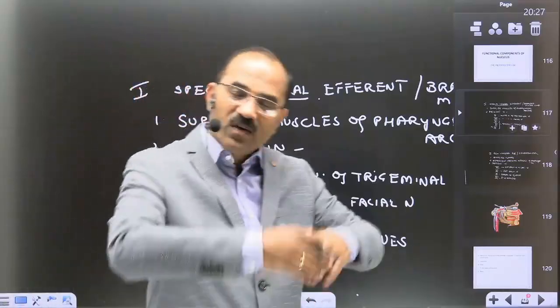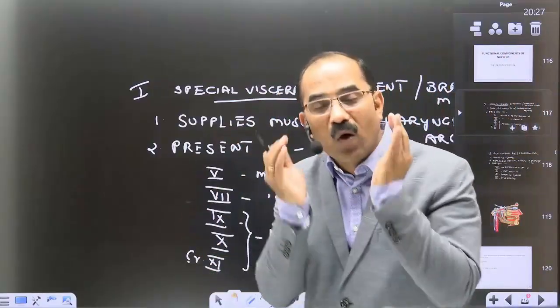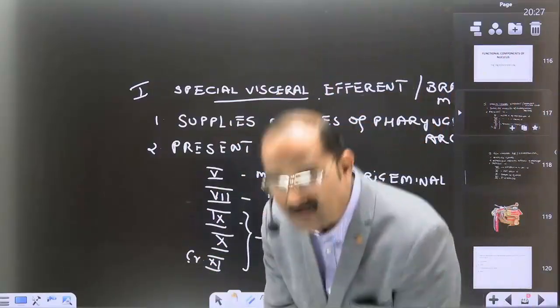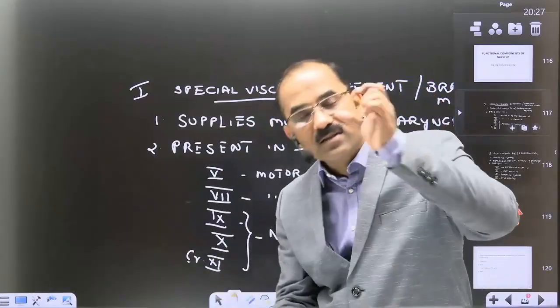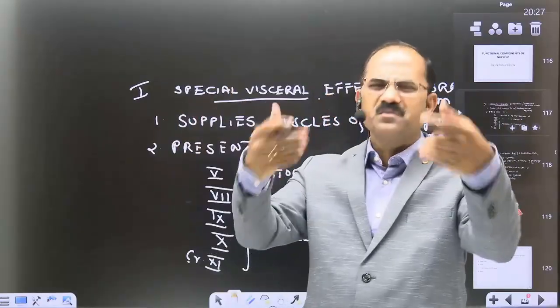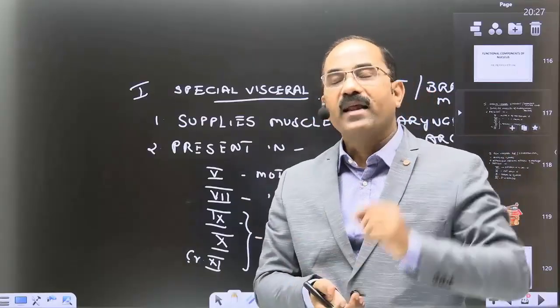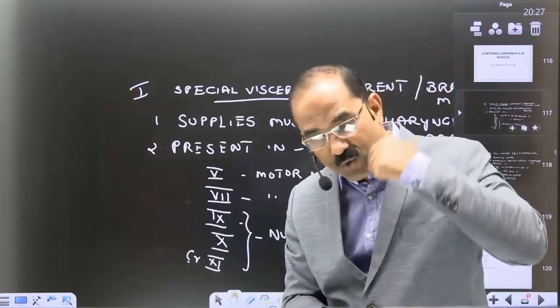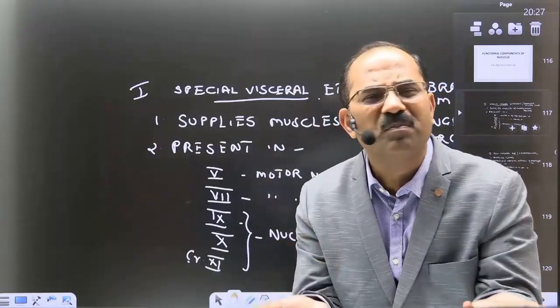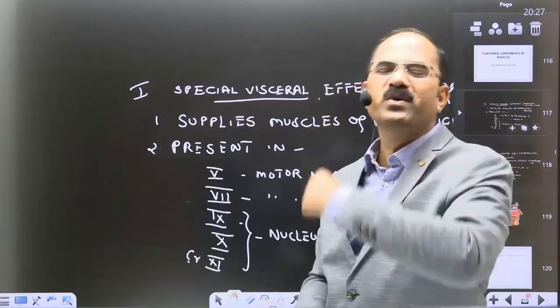Because the facial nerve, after supplying so many glands, has finished the component which it has to supply the glands, that's the general visceral efferent component. Facial nerve doesn't have this component now. And that is why when the facial nerve is passing through the parotid, it is not able to supply the parotid. Why? Because it doesn't have the component to supply the parotid.